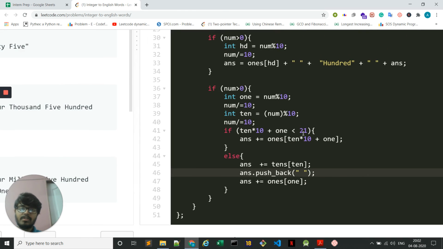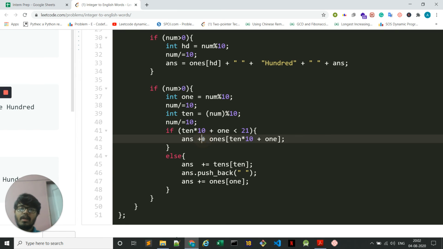If this is less than 21, then answer is equal to ones of it plus 1000 plus answer.